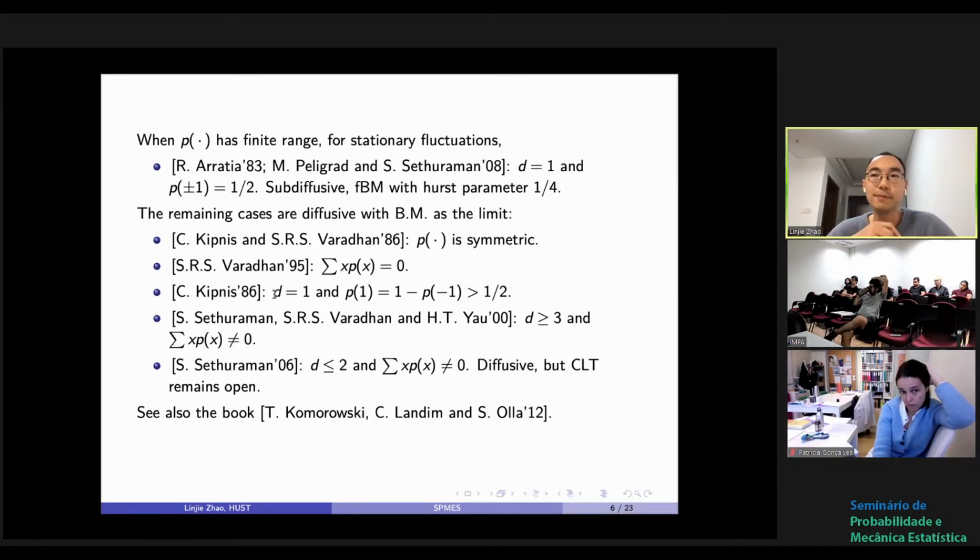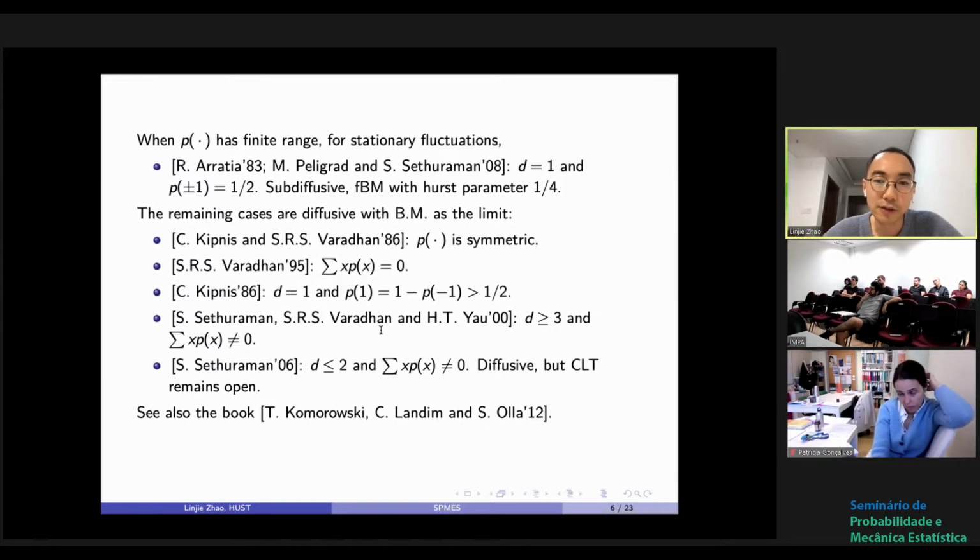In general, the asymmetric case is more difficult. Kipnis proved the one-dimensional asymmetric nearest neighbor case. The method is mainly based on the mapping between the exclusion process and the zero range process.